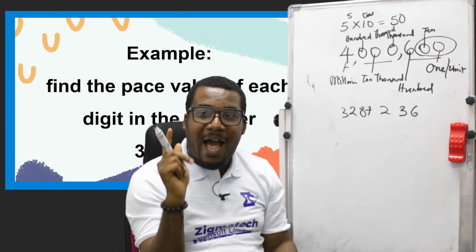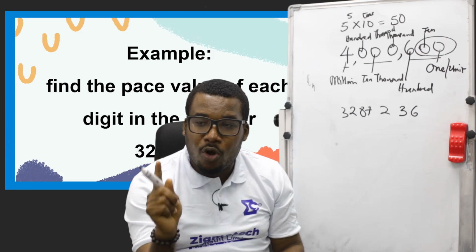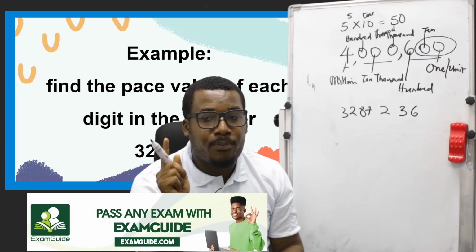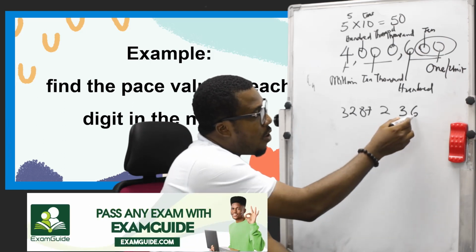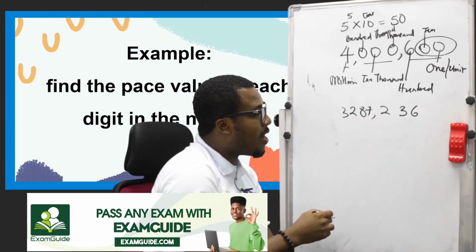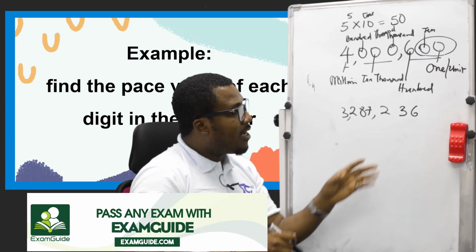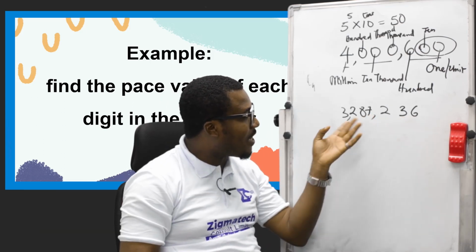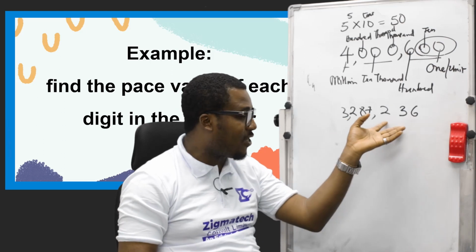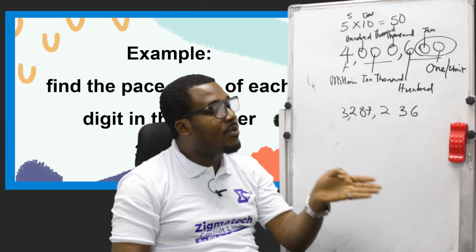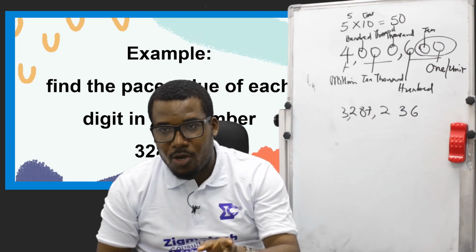What do I do first? I demarcate or put them in their classifications. We have 1, 2, 3. You put a comma here. 1, 2, 3. You put another comma. The presence of 6 digits after another number tells me there is million.